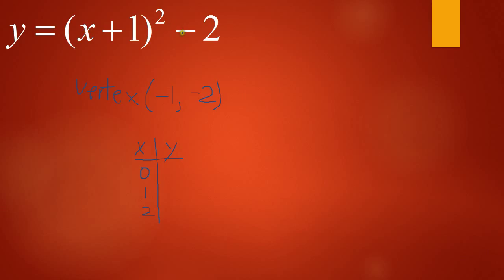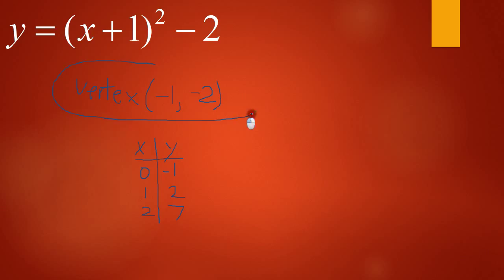That'd be negative 1. If you plug 1 in, that'd be 2. And if you plug 2 in, that'll be 7. Then you have enough points to do your parabola, get the other half using symmetry, just like before, and graph it from there.